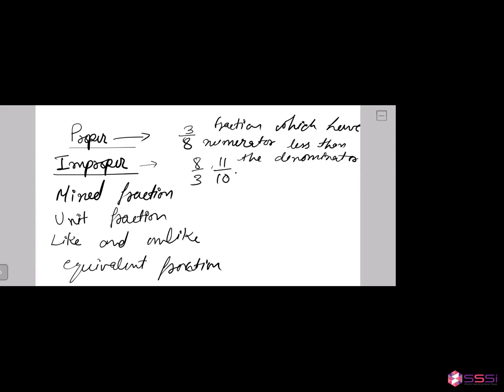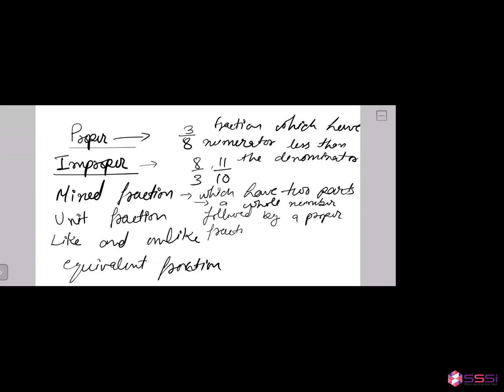How do we write a mixed fraction? A fraction which has two parts, a whole number followed by a proper fraction, is called a mixed fraction.